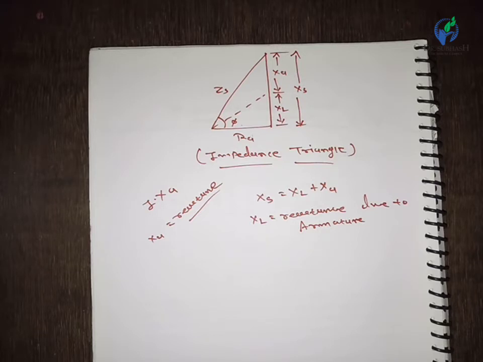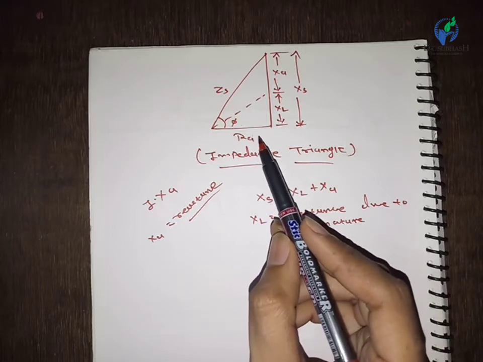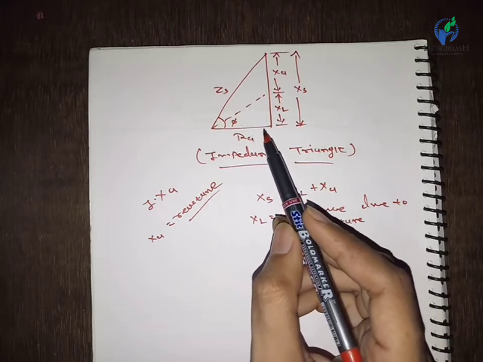Now the next point is the voltage drop due to the synchronous impedance. The reactance XS, when added with the armature resistance RA, gives the impedance triangle, and the addition is called the synchronous impedance.